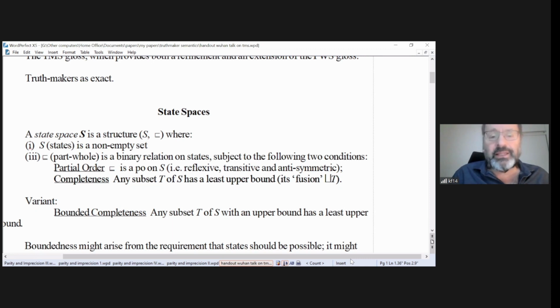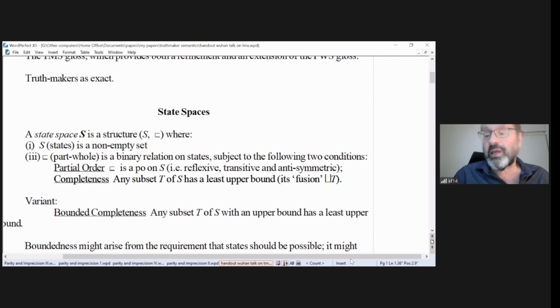So we say that any subset of S should have a least upper bound. If I take any set of states, there should be a state that lies above all of those states. That is, all of those other states are part of it. And it should be the least such state, so that if any other state contains all those states, then it should contain, or be identical to, the given state.